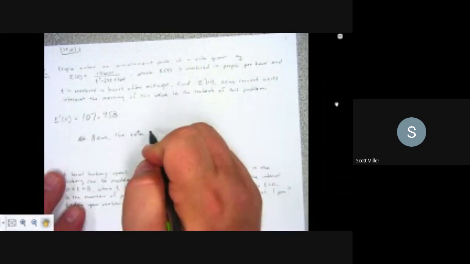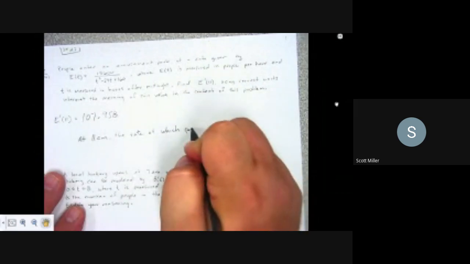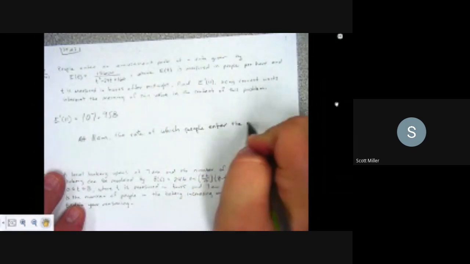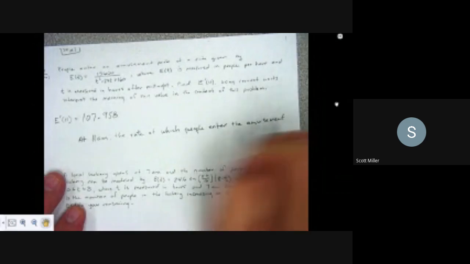It's the rate at which people enter the amusement park. Because that's what E stands for, people entering the amusement park. That's what that stood for.